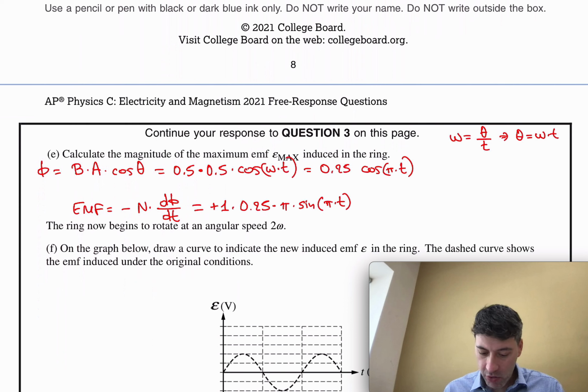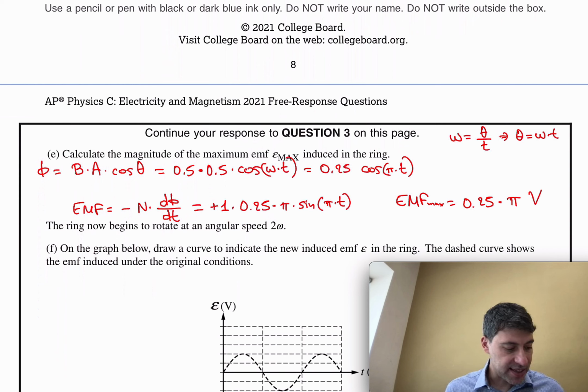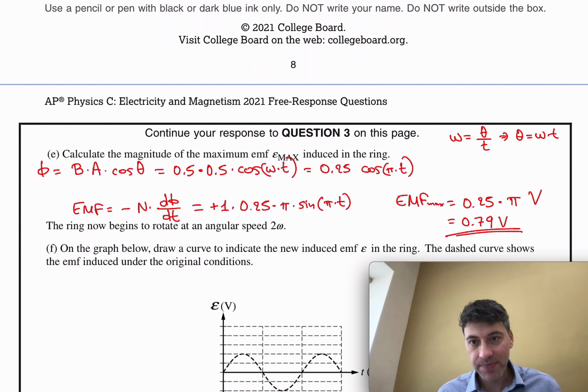Now, the value in front of the sine is the maximum EMF, and the sine of pi t is variable, so the EMF max is 0.25 times pi volts, or you can just say 3.14 divided by 4, this is 0.785, so 0.79 volts.